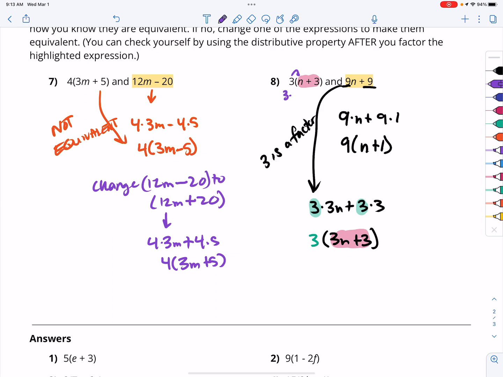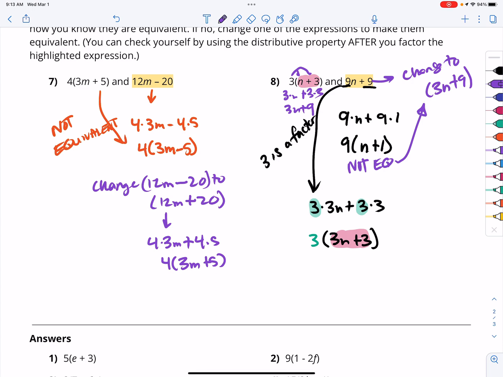This is 3 times n plus 3 times 3, which is 3n plus 9. And so if we had changed this one to 3n plus 9, then they would be equivalent. So not equivalent, change to that. Awesome.